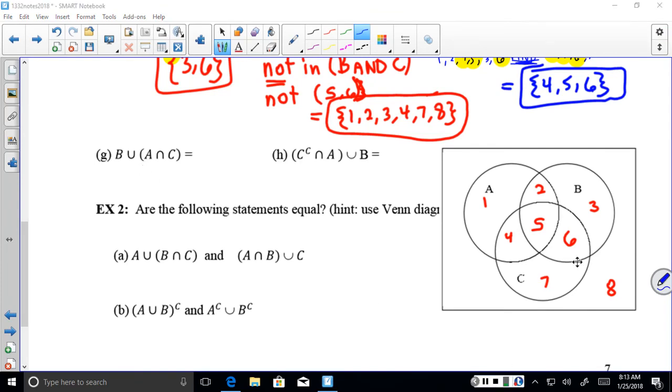All right, so let's see how you did. This is plus right there, union, the very friendly operation. On the left side, we have B. That means I'm going to write down every number in circle B: 2, 3, 5, 6.